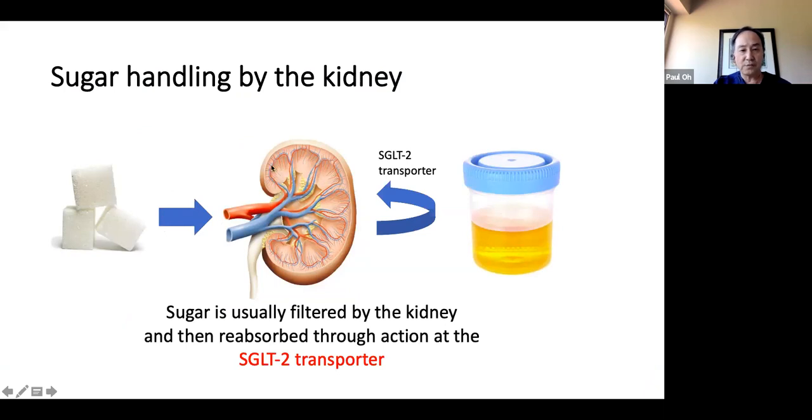Normally, the sugar that is floating around is handled by the kidney. It is usually filtered by the kidney, but then reabsorbed later around these little tubules in the kidneys at the level of something called the sodium glucose transporter. So the transporters encourage us to refilter and reabsorb the sugar so that we don't lose this.